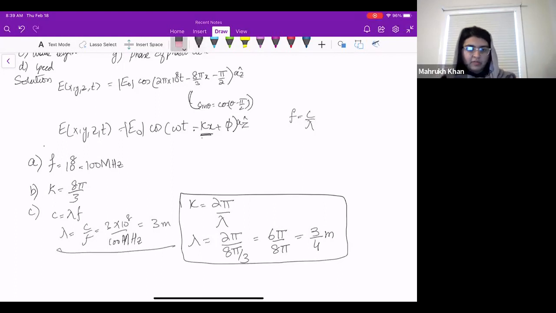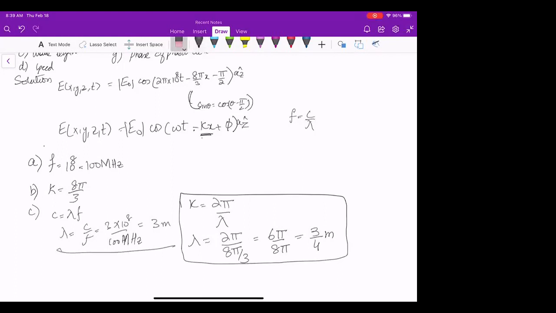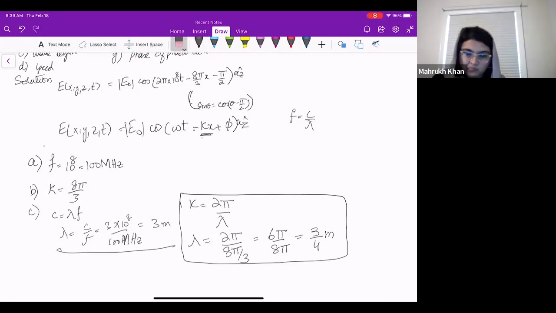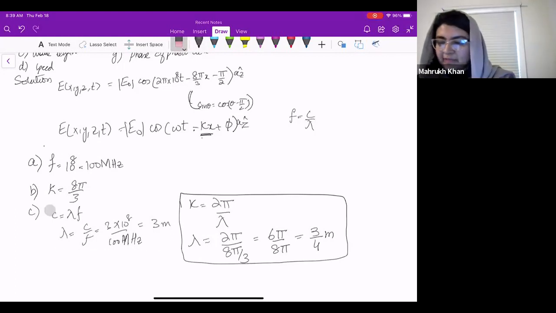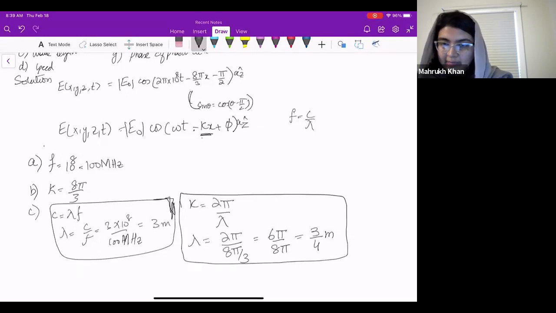What do you think the reason is here? You are thinking that this wave is traveling in free space, right? That's why this formula is right, but this is the lambda when your wave is traveling in free space.